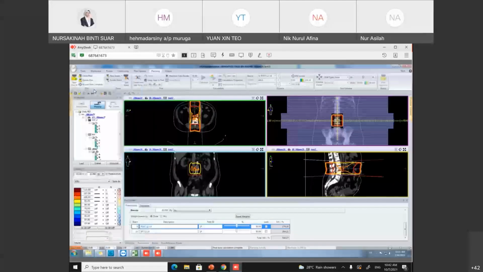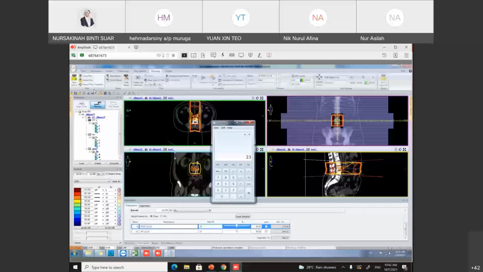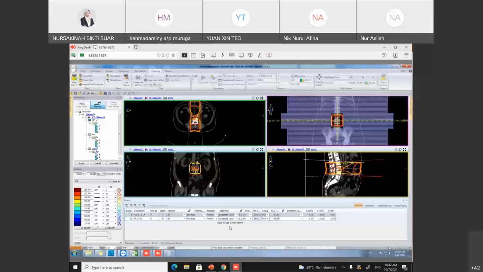That means 23.37 is now almost 17%, which already exceeds the criteria. So how can we reduce this? For this plan, we are actually using 6 MB.